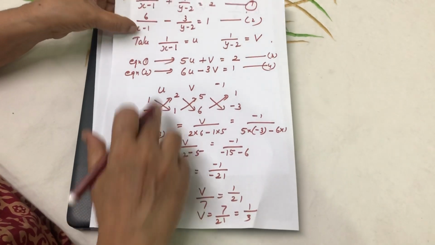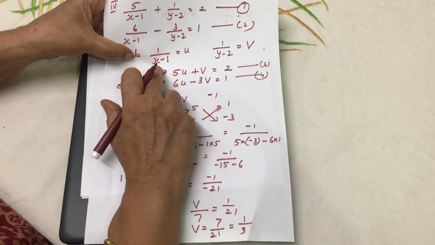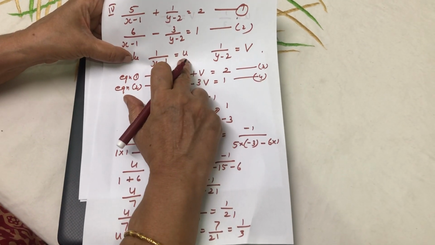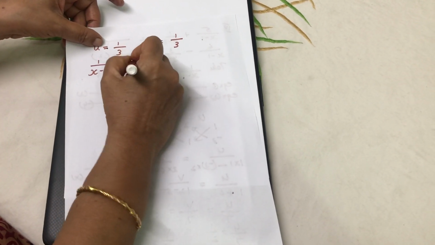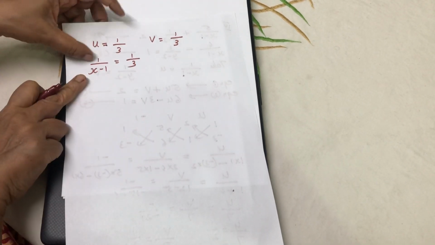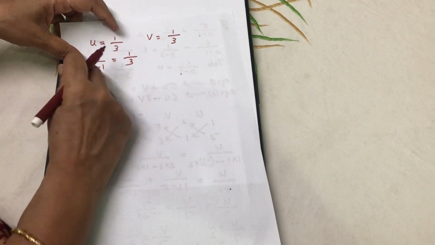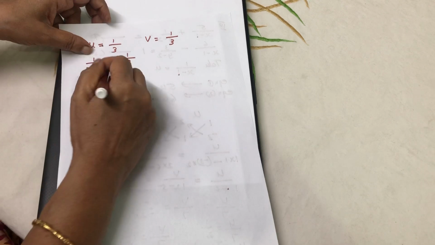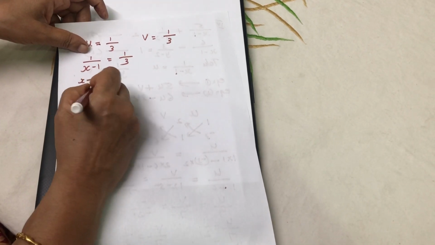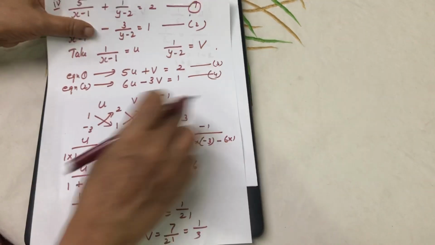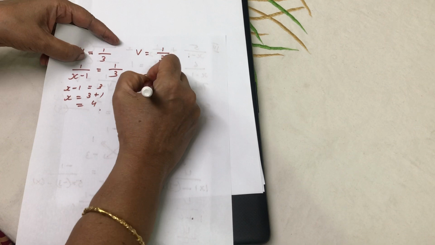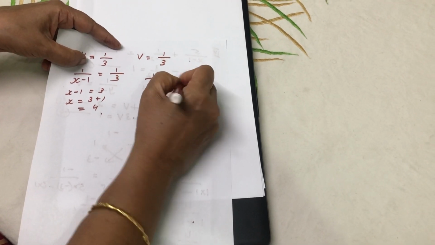But u we have taken as 1 by x minus 1. So replace u: 1 by x minus 1 equal to 1 by 3. Cross multiplication: x minus 1 into 1 is x minus 1, 3 into 1 is 3. x is equal to 3 plus 1, which is 4. v is 1 by y minus 2, which is 1 by 3.